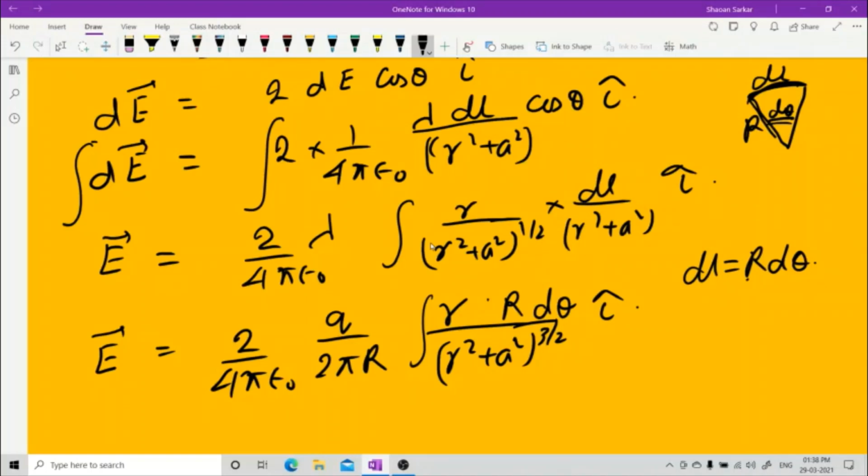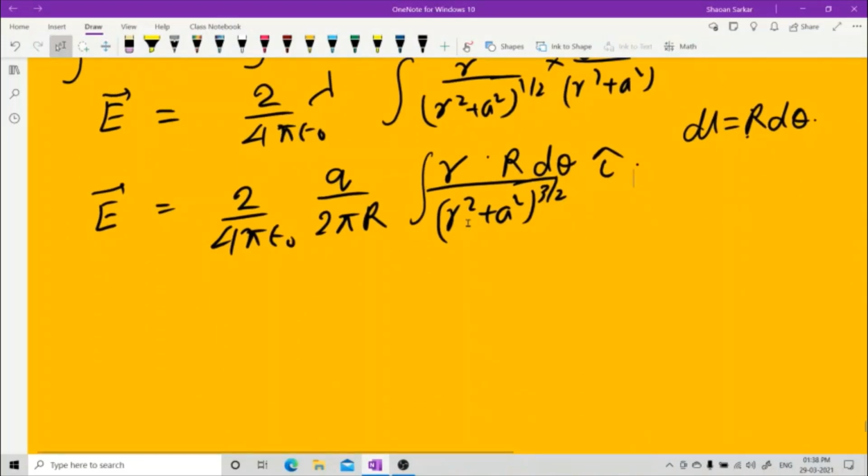The integration that you need to do is from 0 to pi. Why? Because if I take 2 pi, it will be a double integral, because I've taken the second part also. I'll explain this.